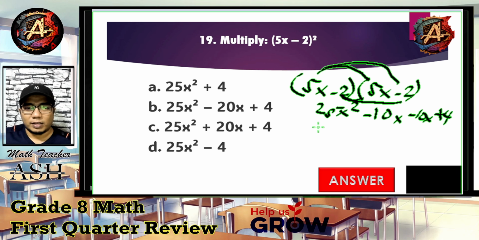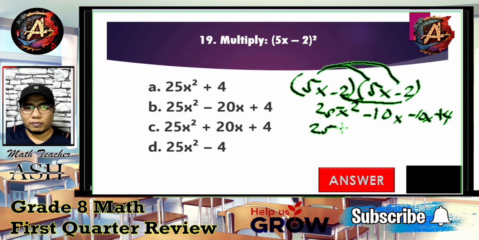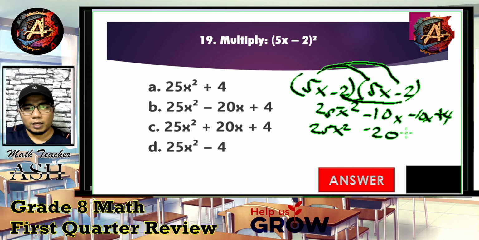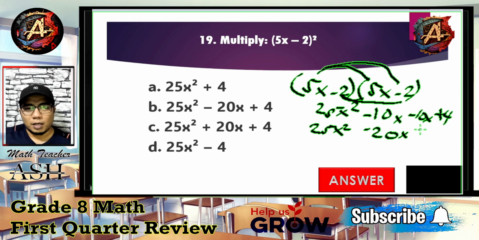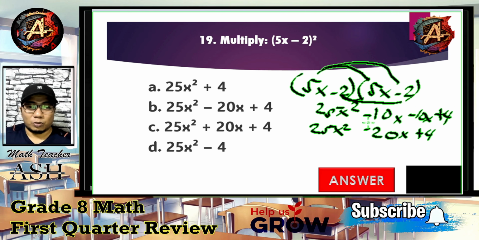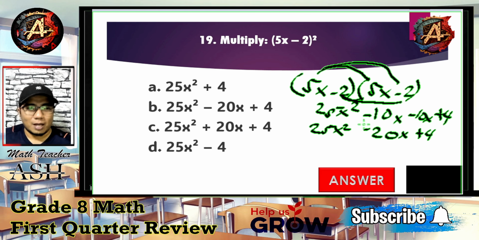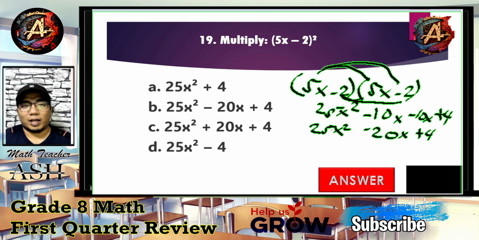If we simplify this one, this will become 25x squared. And since the second term and the third term are like terms, this will become negative 20x. And then you just copy the third term, or the last term, so that is plus 4. So this will become a trinomial. In this case, it is letter B, which is the correct answer.